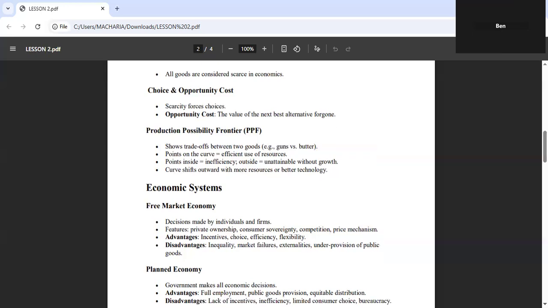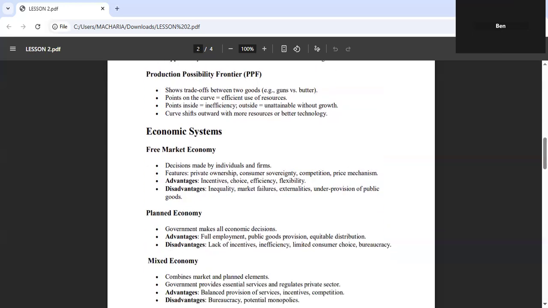Now, moving forward, we're asking ourselves, what are economic systems? You have ever heard that we are in a free market, or this is a willing buyer, willing seller. So this constitutes what we call economic systems.